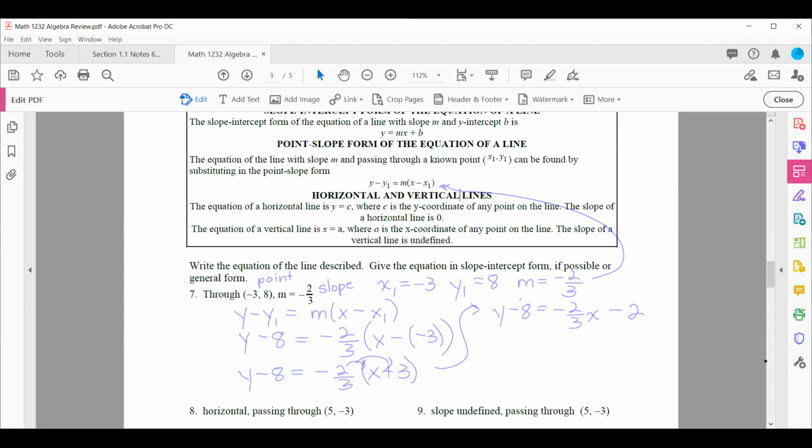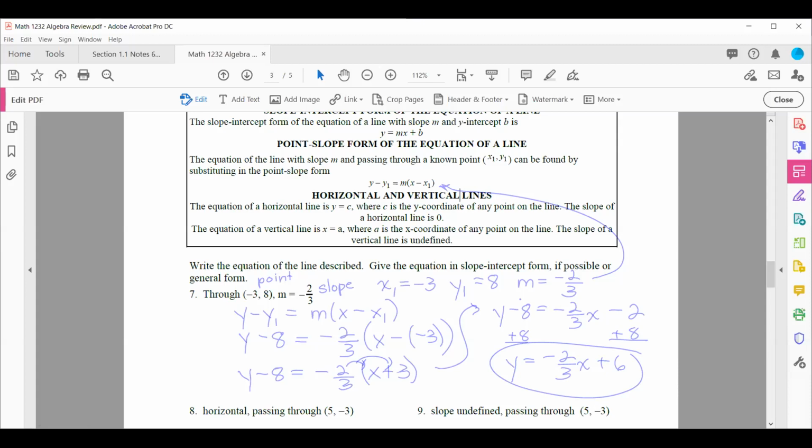And then to finish it up, I'll add 8 to both sides, which gives me the way that I was asked to write the answer. It said give the equation in slope-intercept form, and what I've just circled, that's slope-intercept form. That's typically how we're going to write our equations.